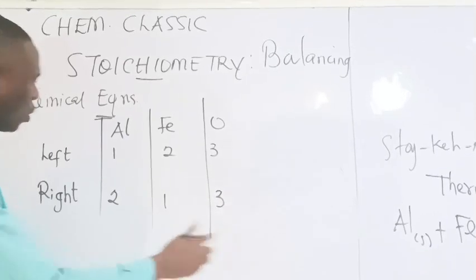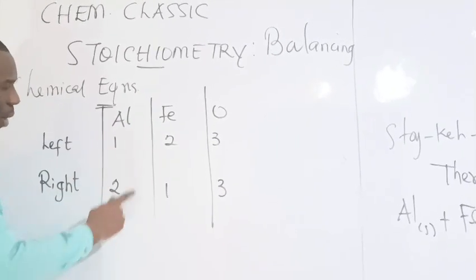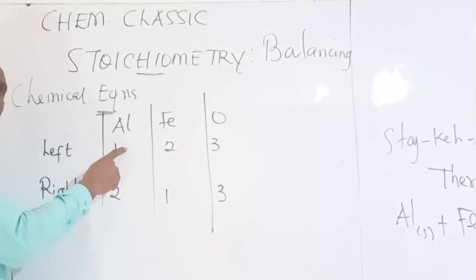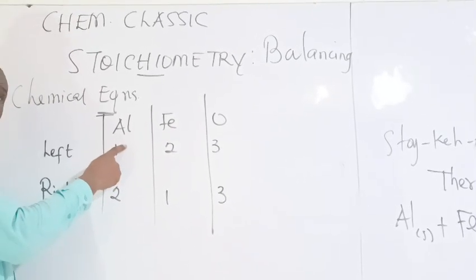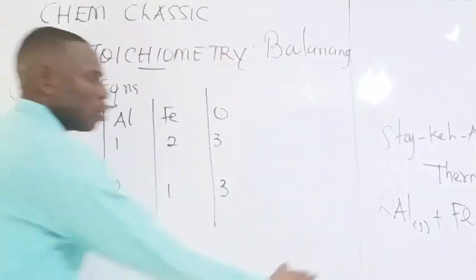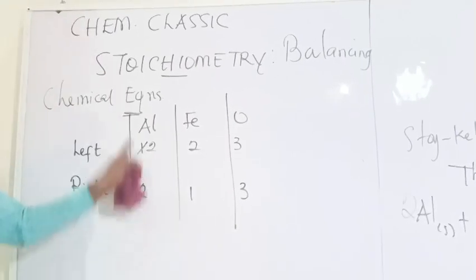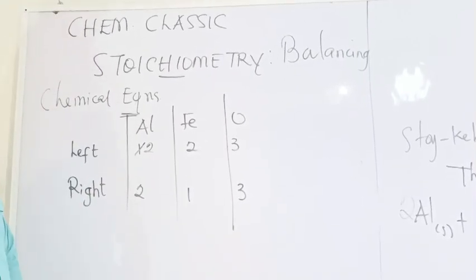And the goal is just to make them equal. So aluminum on the left is 1, on the right is 2. So I have to make aluminum on the left 2. So I will insert a coefficient 2 at the back. So 1 times 2 makes aluminum 2 now. So it's 2 on the left, 2 on the right.